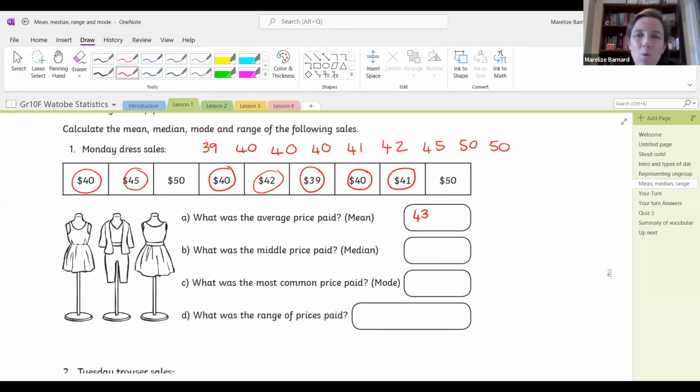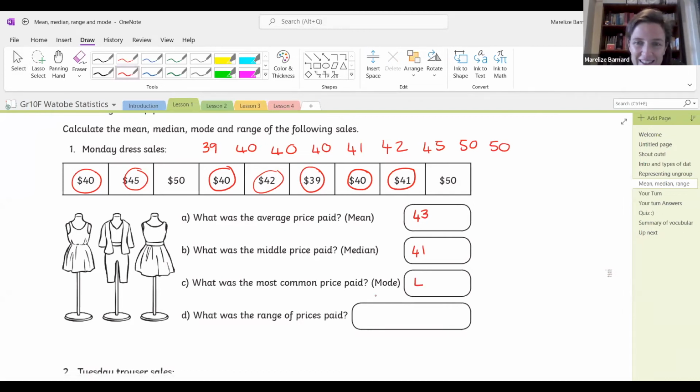Now, what was our median? Post your answer in the chat for the median. 41. Okay, I agree with the 41. Well done, Watobians. That is right. Now, what is the most common price paid? 40.